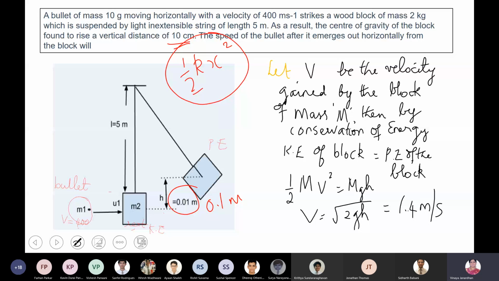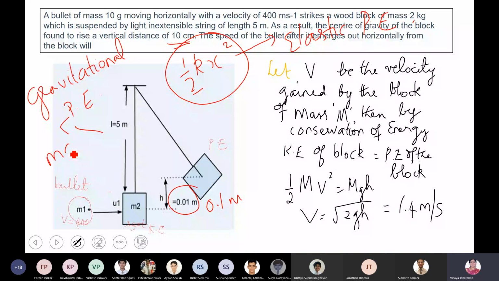Now, when you are talking about a block being suspended, here you are talking about gravitational potential energy. That is why you use potential energy as mgh. In the case of springs, you use potential energy as half kx squared. Ma'am, what is K again? K is your spring constant.